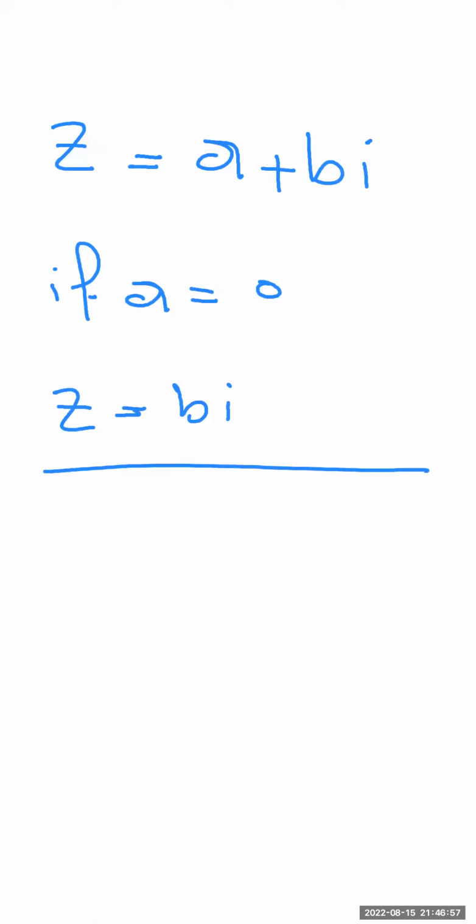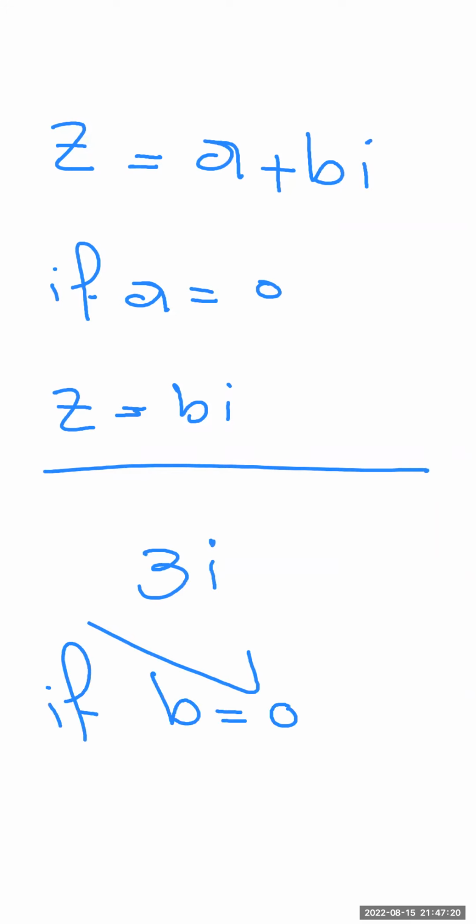So, for example, can we consider that 3i is a complex number? Yes, without a real part, of course. Here the real part equals 0, no problem. So 3i is an imaginary number? Of course. Then what about if B equals 0? In this case, there is no imaginary part.